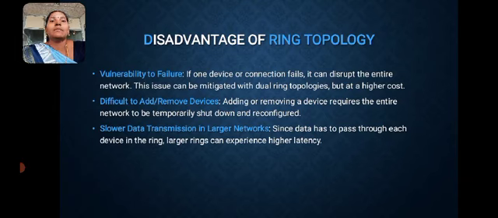The first one is vulnerability to failure. If one device's connection fails, it can disturb the entire network. It is also difficult to add and remove devices. Adding a new device is difficult, and removing an existing device is also difficult. And data transmission is slow in a large network.